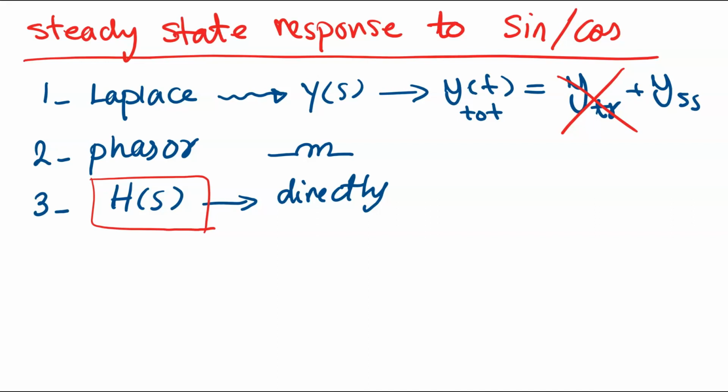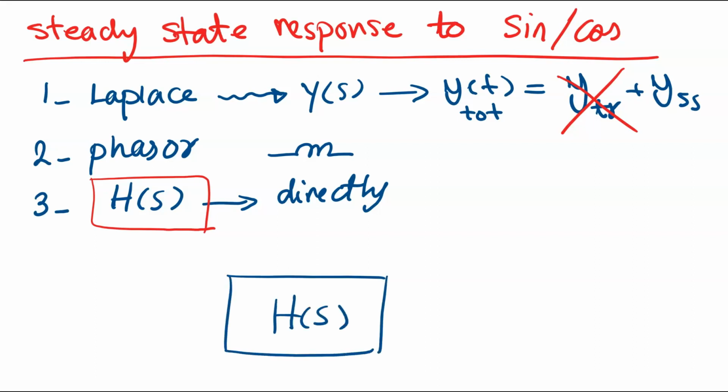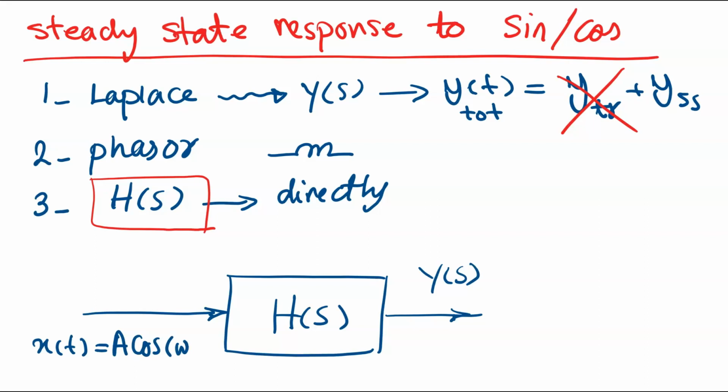We know that the circuit has a transfer function of H of s. We can apply any input to the circuit, and by multiplying by the input Laplace transform, we can get Y of s. Now, in this scenario our input in time domain, x of t, is equal to A cosine of omega t plus theta, which means we can find our X of s.